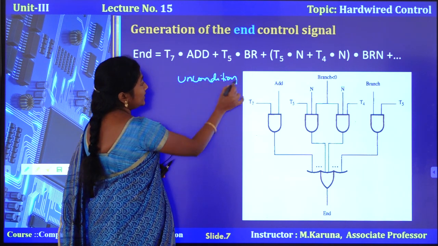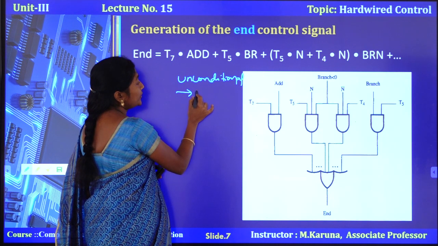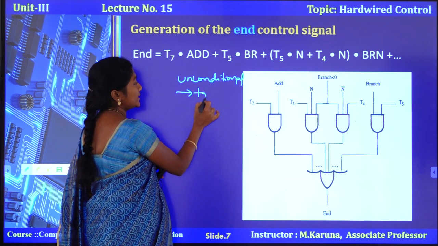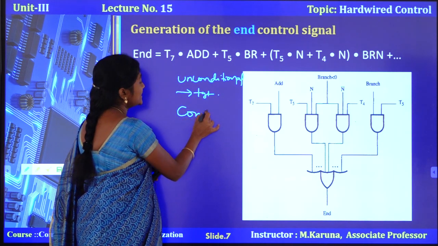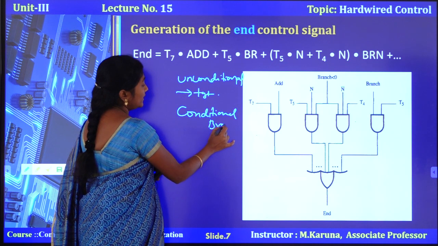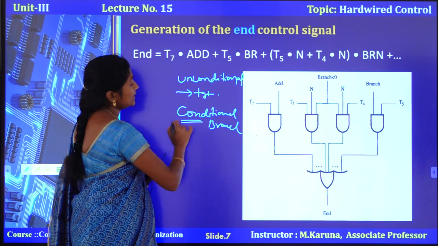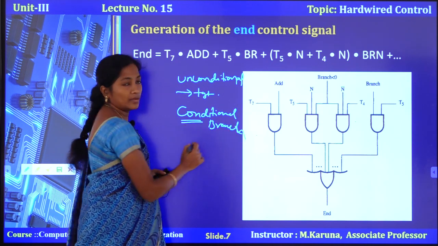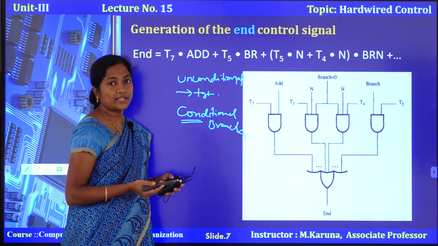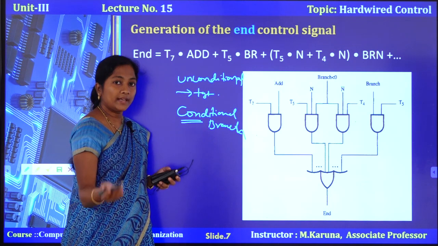Unconditional, simply it will jump to the specified target location. In case of conditional branch, based on the condition, the processor jumps to the specified location for executing another program.